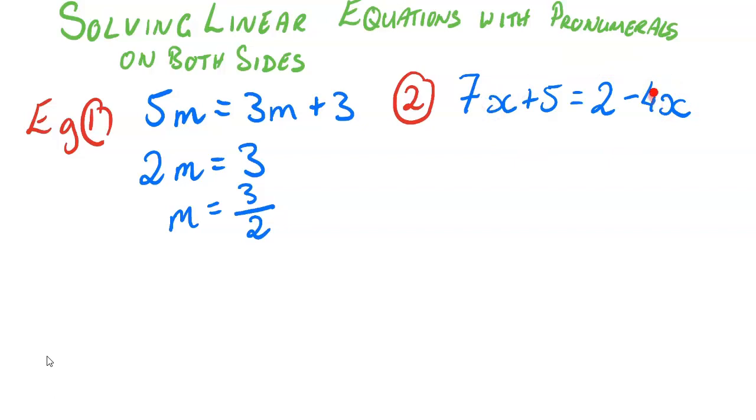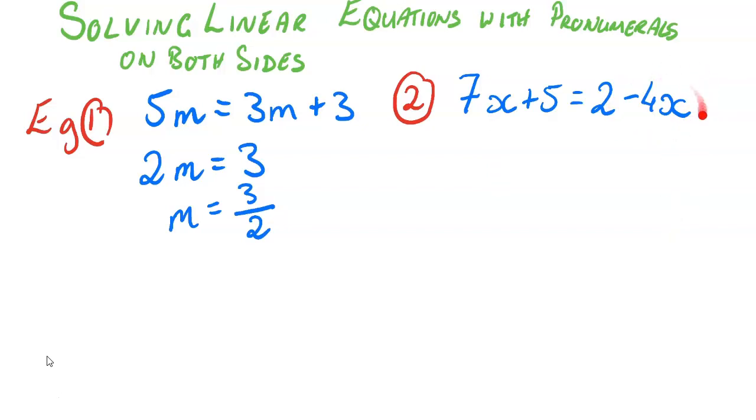Now, the way I figure out what I'm going to do is I look at what's given to me and think, well, what will give me the most straightforward next line? If I subtract 7x from both sides, I'm going to be dealing with a lot more negatives, and a lot of people don't like dealing with negatives. They want to get rid of them as soon as they can.